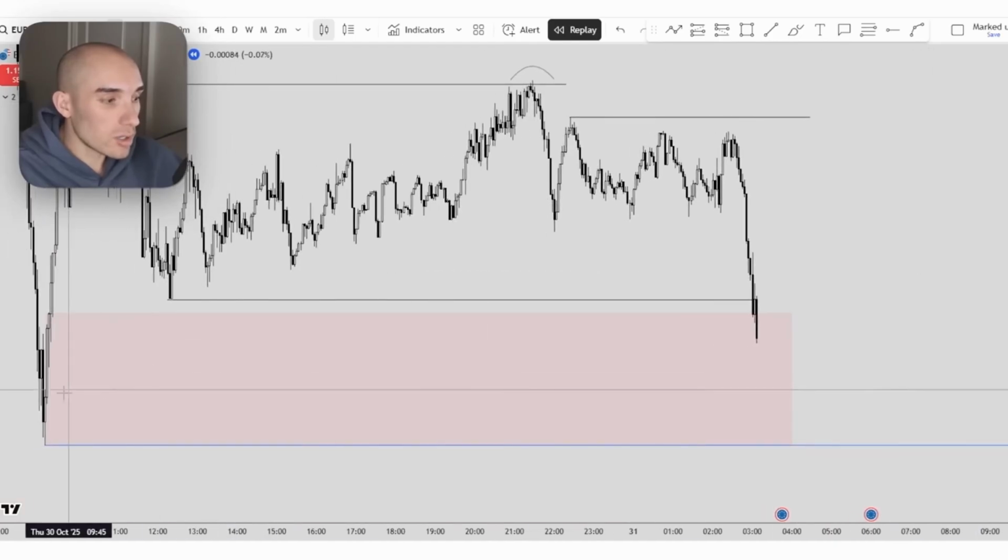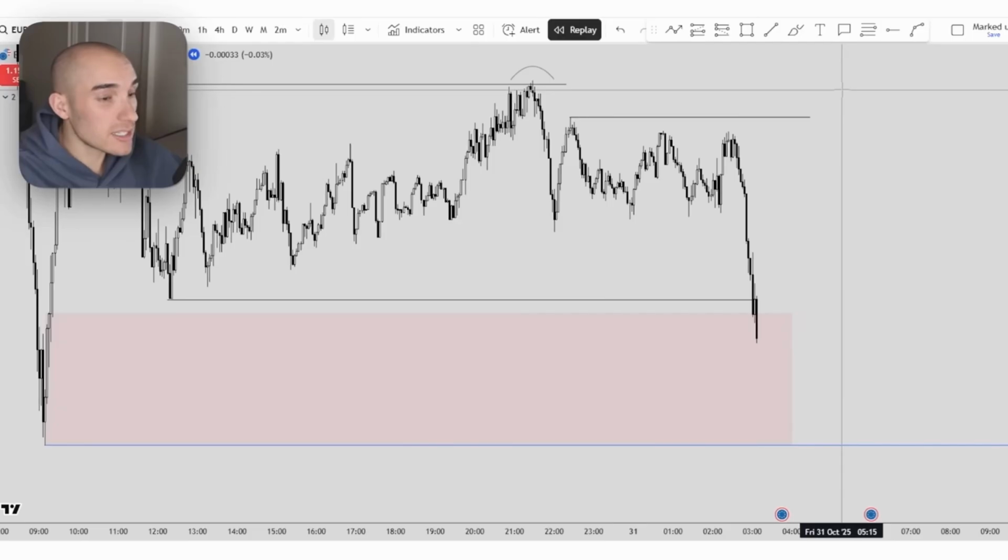If our sell idea stays intact, and listen carefully, if our sell idea stays intact and we get a move back up to the upside, sells are active. We want to look for sells back down to the downside. But remember, we need logic. We need to make sure we have a target in mind.